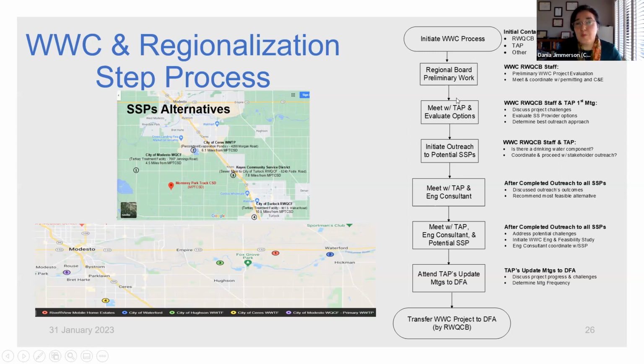So then we keep moving forward with the process, as you are very familiar with, to collaborate in the outreach process and working with the engineering consultants and all of that, until finally we, regional board, transfer the project to DFA, and so that's where we end the process.